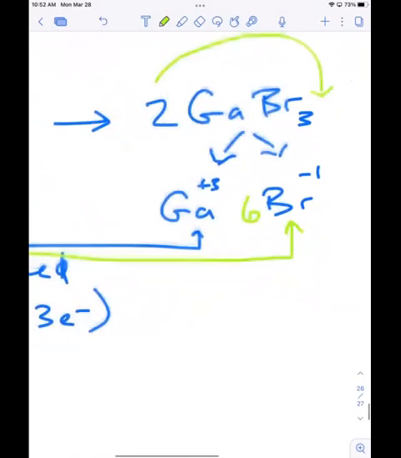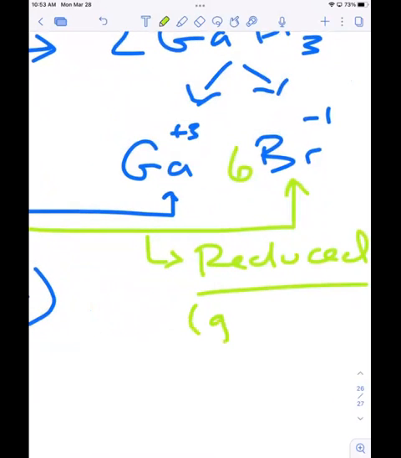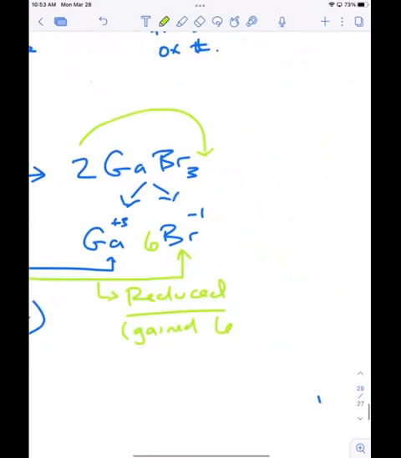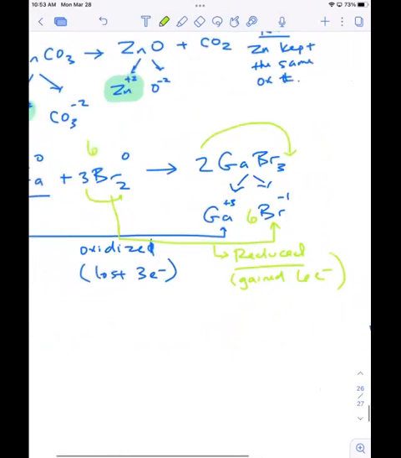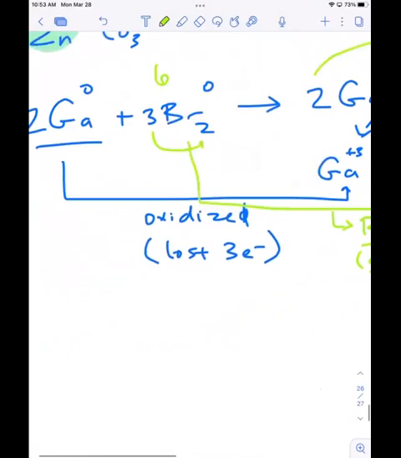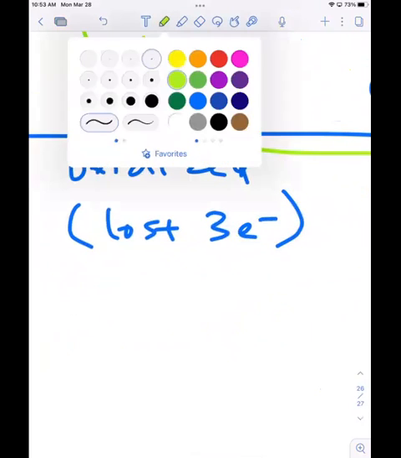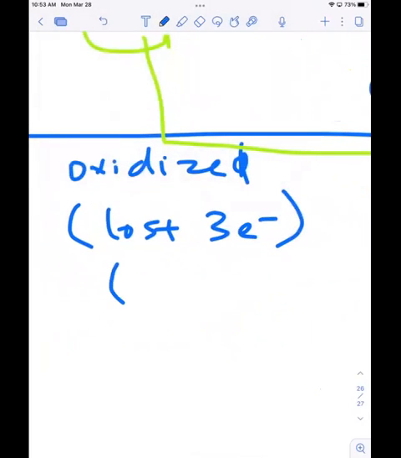So if gallium got oxidized, bromine got reduced, right? It gained 6 electrons. And the gallium, since there were 2 and each gallium lost 3 electrons, we could say that it lost a total of 6, because the electrons got to be the same on both sides.